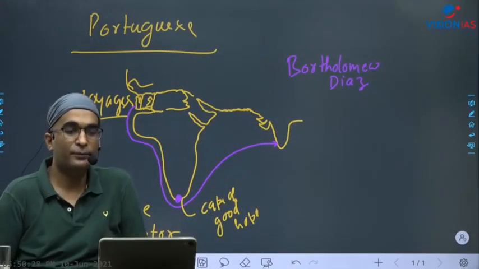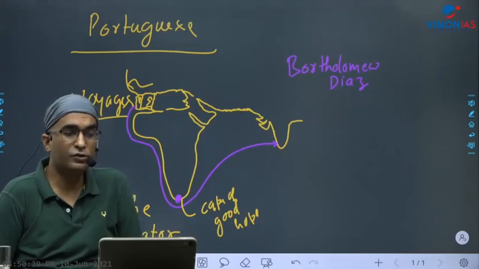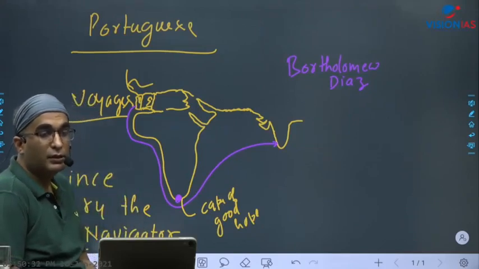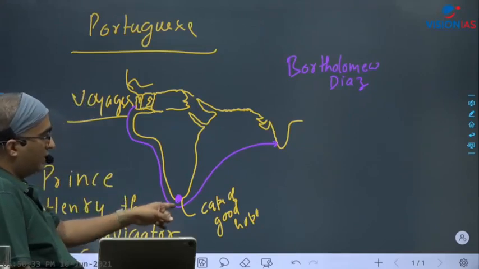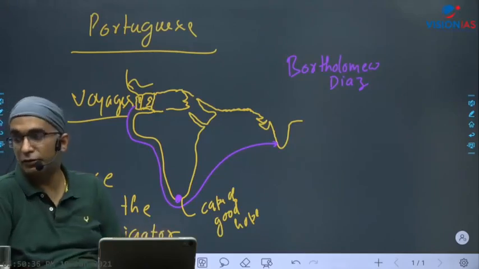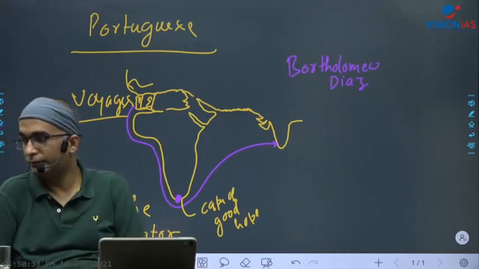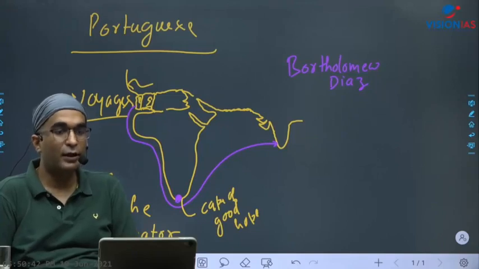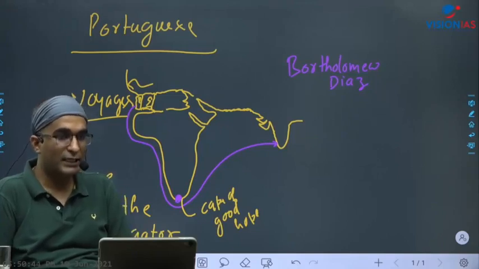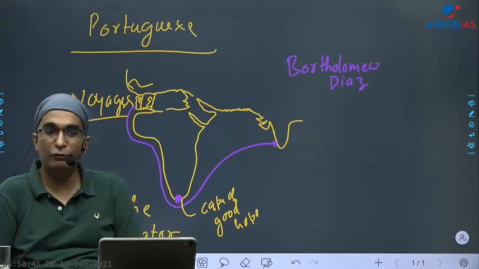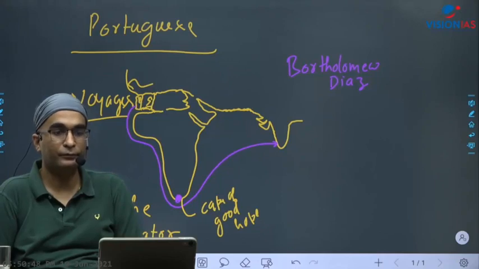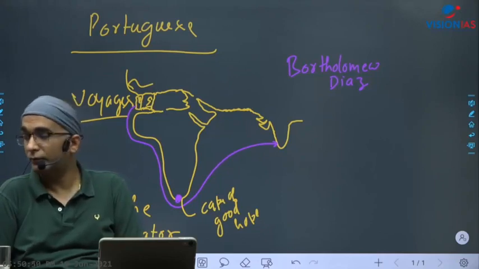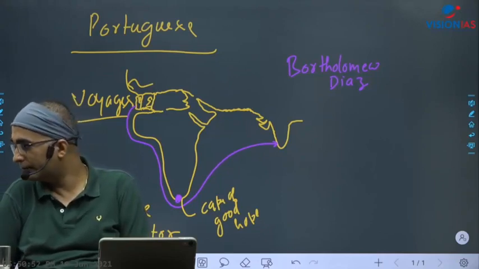Bartholomew Diaz crossed the Cape of Good Hope, this place, the Cape of Good Hope. During the regime of King John II, Bartholomew Diaz crossed the Cape of Good Hope. Full stop.